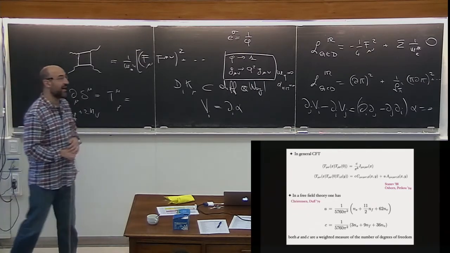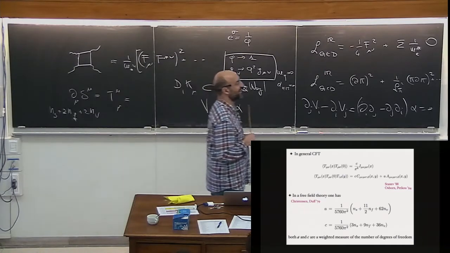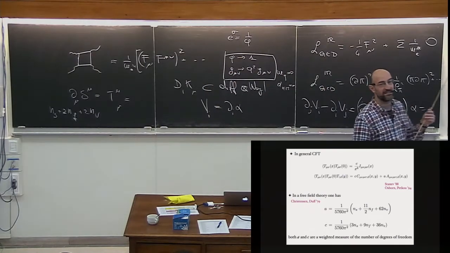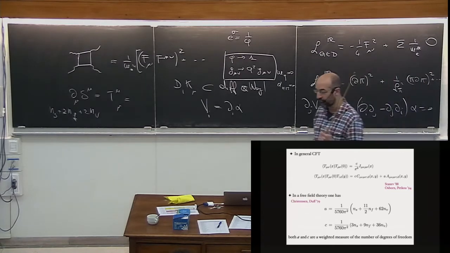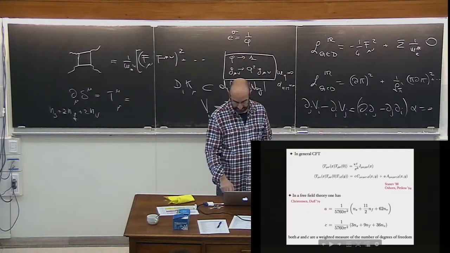Instead, in this other perspective, degrees of freedom are counted in a very different way. From the point of view of the A anomaly, you see a vector as a value 62, while a scalar has value 1. So vectors are a lot more valuable from the point of view of the anomaly.